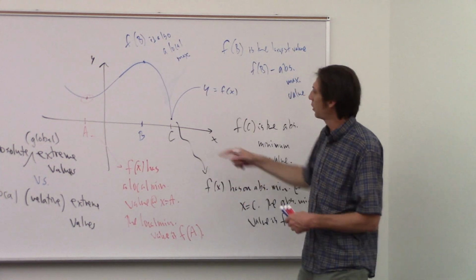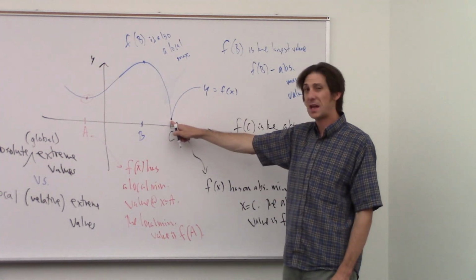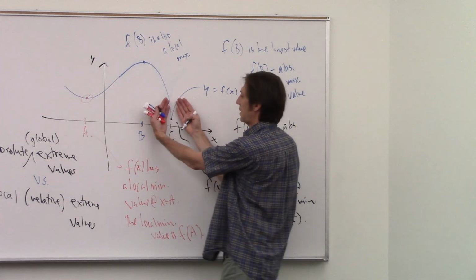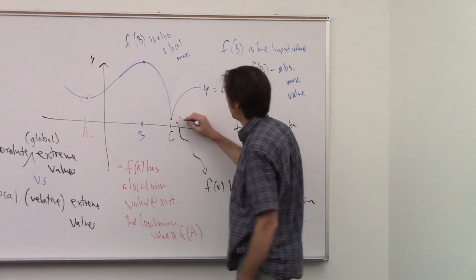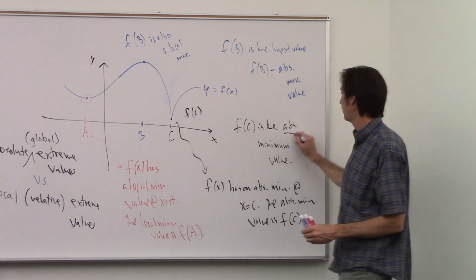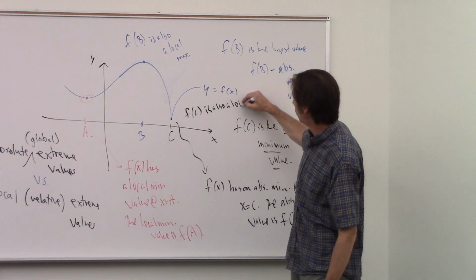And we could say the same thing about this point down at the bottom here. F of c is an absolute minimum, but this is also the lowest point of any of the values nearby. And so not only is f of c the absolute minimum value, like we said before, but f of c is also a local minimum value.